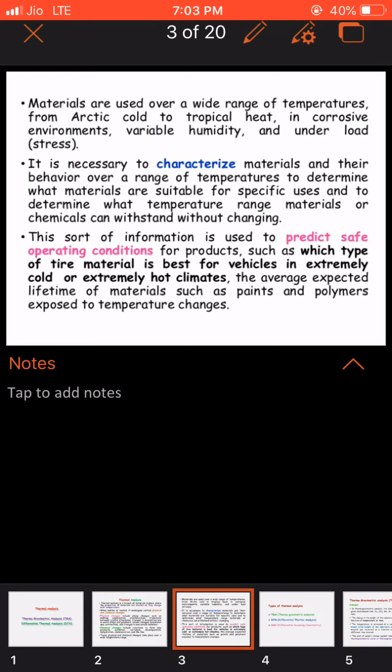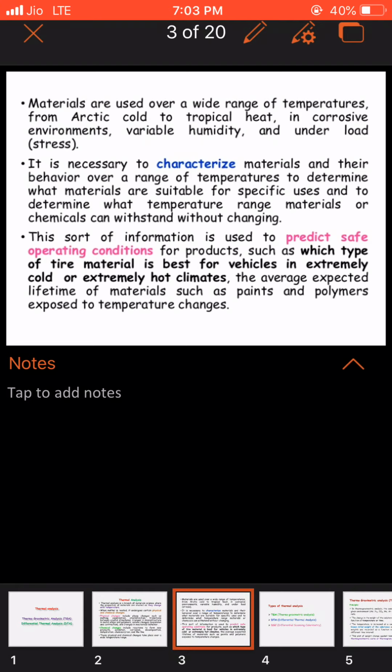And properties of those materials that are dependent on changes in the temperature are very important. So those materials must be able to withstand wide range of temperatures from Arctic cold to tropical heat, and in corrosive environments, and in variable humidity.